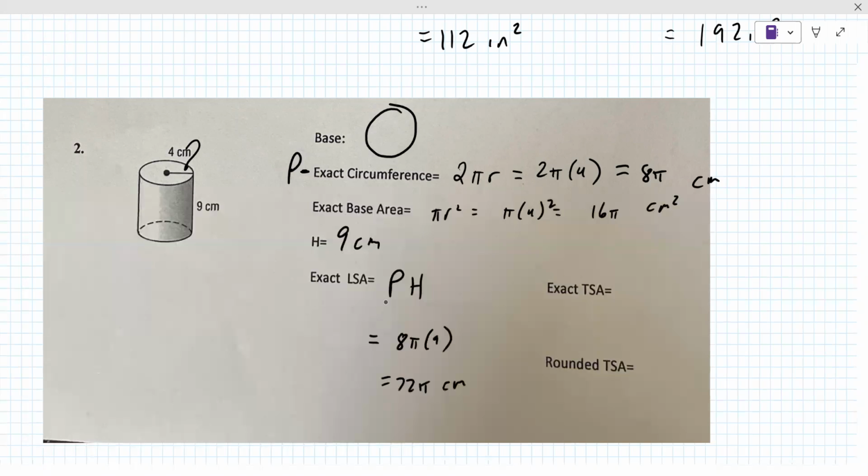And then the exact total surface area is the perimeter times the height plus 2 times the base, and they're calling B here the exact base area. So the exact surface area would be P times H plus 2 times the base.